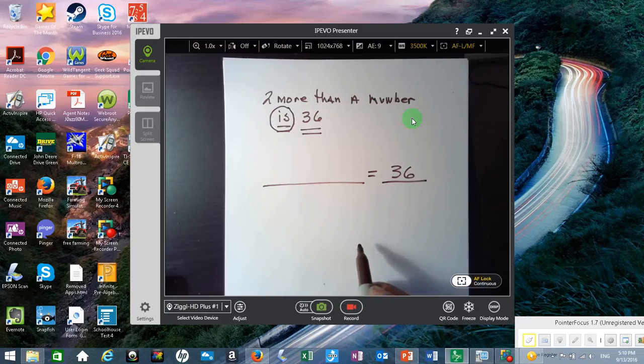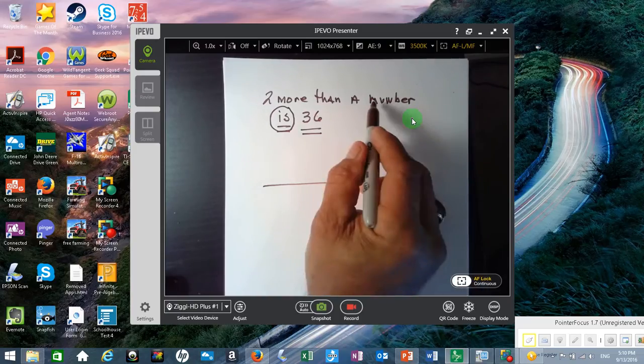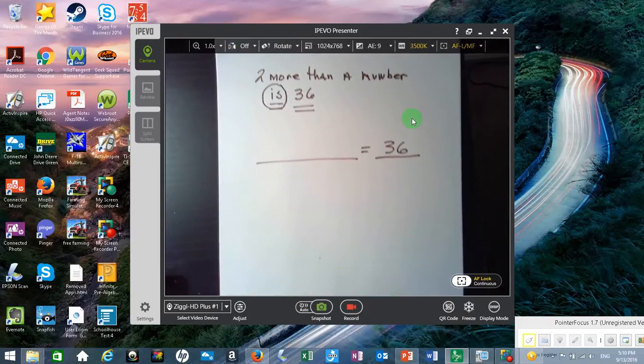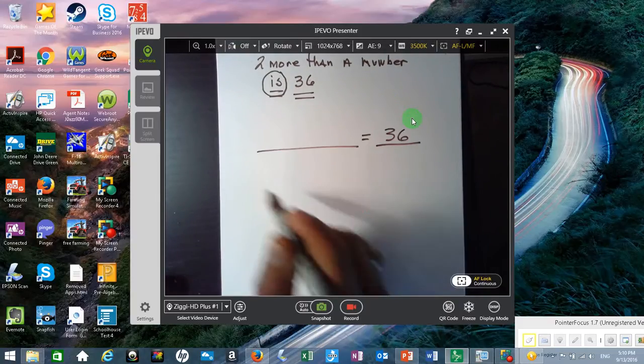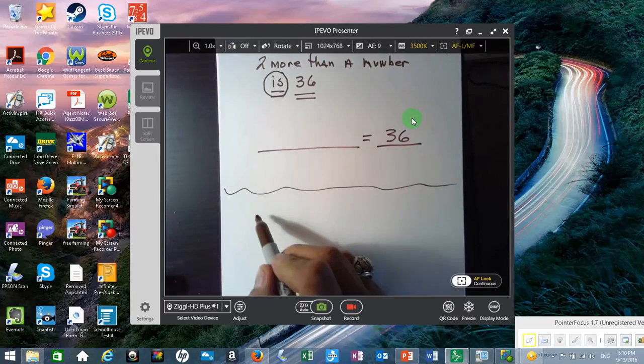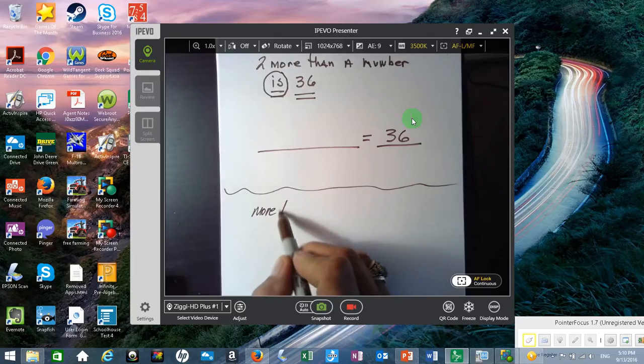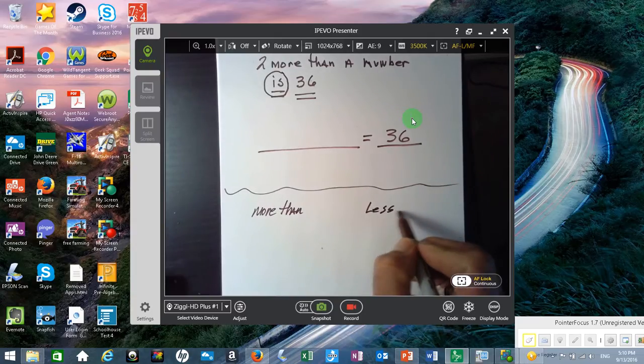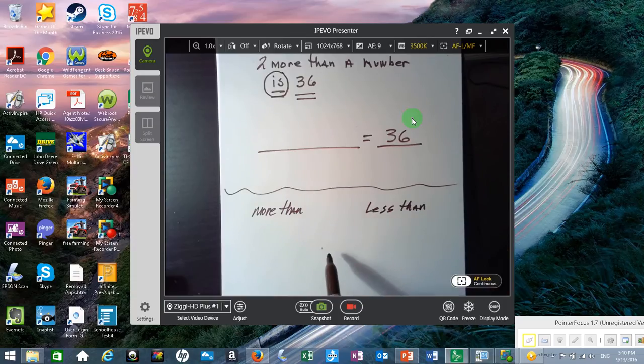Now, how many things right here do we have? You've got "2 more than a number." Well, I like to tell students about the "more than" or "less than." Whenever you see these words, what I like to tell students is to use the crisscross method.